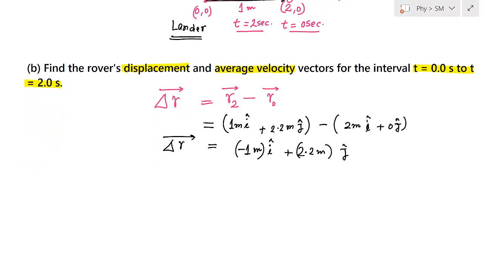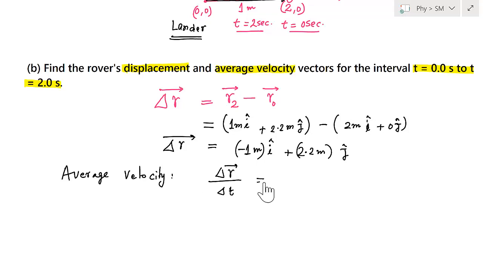Now we have to calculate average velocity. What is the formula for average velocity? If you remember from the last class, average velocity is nothing but the change in position vector, that is displacement, divided by the time interval. This is your average velocity.